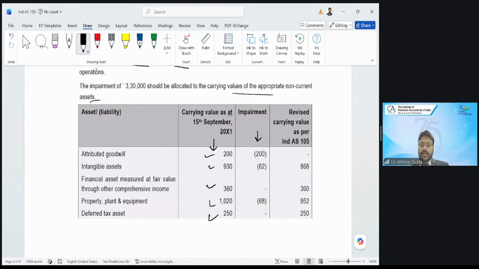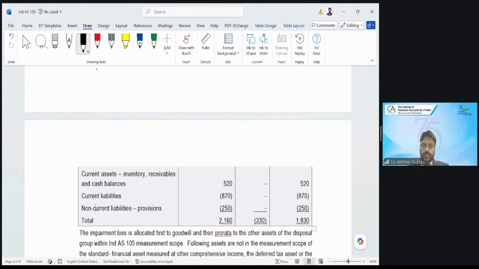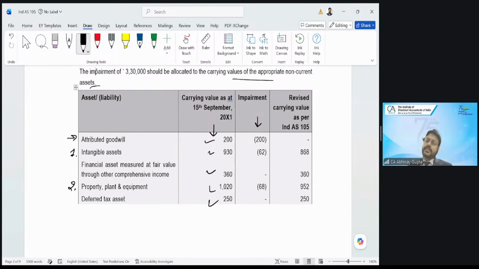So which other non-current assets do we have in the group apart from goodwill? Goodwill we eliminate first, then we have the intangible assets, then we have the property, plant and equipment, again a non-current asset, and then is there anything else? No, there is nothing else. So only two non-current assets we have in this entire group. The remaining portion of the loss will be allocated to these two items in the ratio of their carrying amounts.